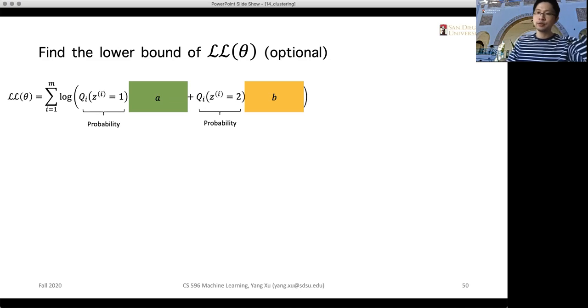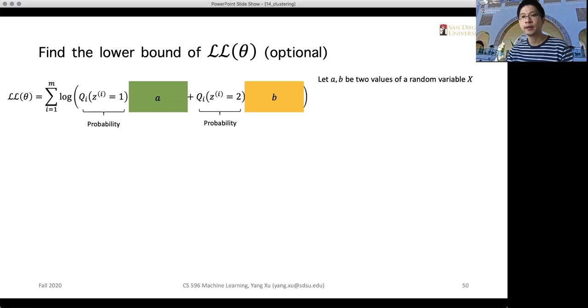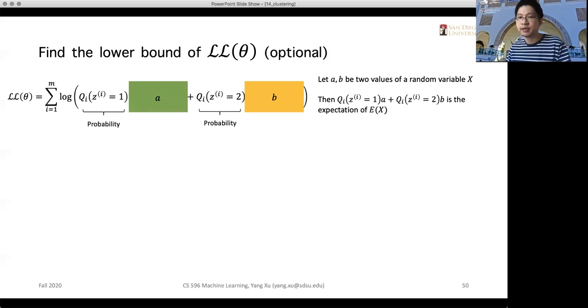We use q's to describe the probabilities of all possible distributions, all possible Gaussians. So we'll let a and b be two values of a random variable x. And then q z equals 1 times a plus q z equals 2 times b is the definition of expectation, right? It's just the expectation of a random variable x.